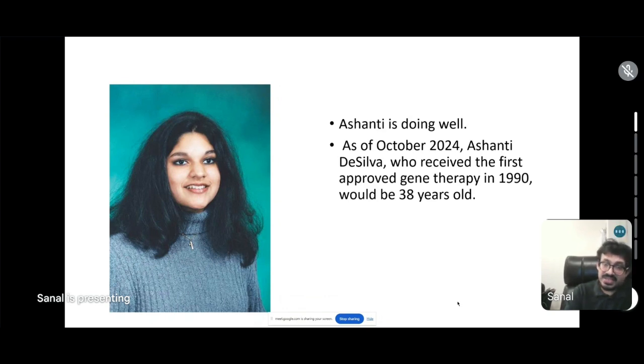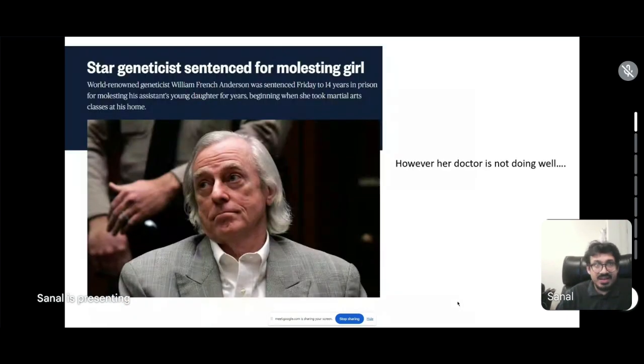Otherwise, it is very unlikely that she would have survived her childhood. However, the doctor is not doing well. Unfortunately, he was jailed for a couple of years for molesting his assistant's young daughter for years.